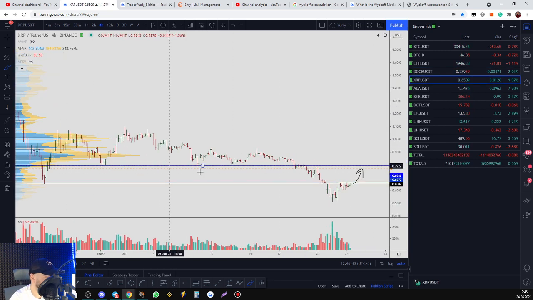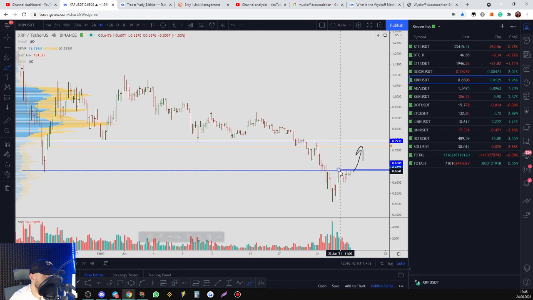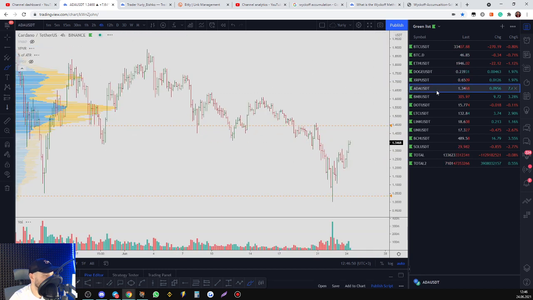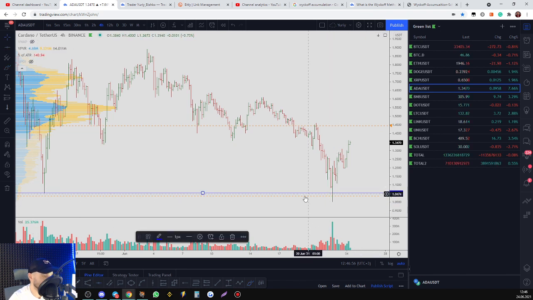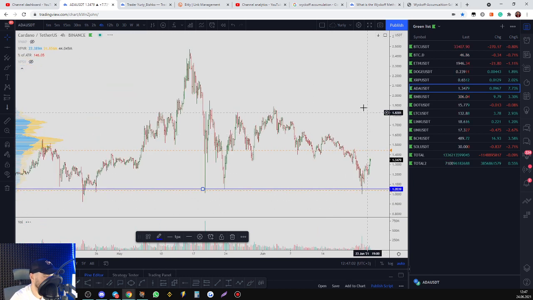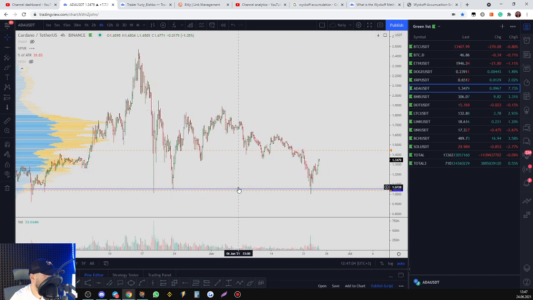About Ripple, at this moment it built this key level and squeezed up to it. I think Ripple can break up it, my friends, and also hit this value area. The same, by the way, Cardano did even faster. Take a look how Cardano bounced from this massive volume at the bottom. It's really good and beautiful. Cardano, to be honest, bounced far faster than I expected, my friends.